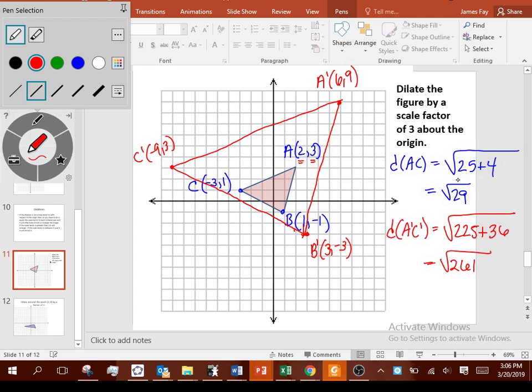Now, if I look at AC as radical 29 and A prime C prime as radical 261, it's not real obvious that those are multiples of 3 of one another. But if you simplify root 261, you get 261 divided by 29 is 9. What's radical 9 the same as, though? 3.